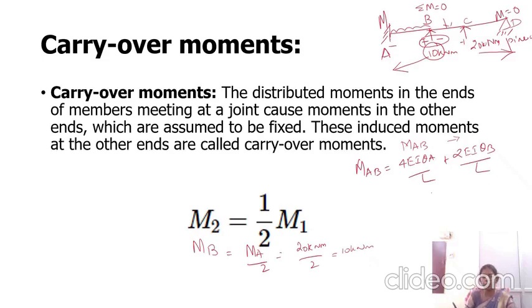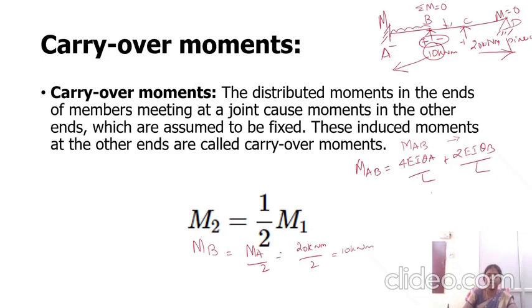You keep in mind that if the far end is fixed, you can carry half of the moment to the far end. If the far end is simply supported, you should not carry over the moment, because the moment is already 0 at the simply supported end. And also we can carry the moment to the intermediate support, because an intermediate support is also considered as fixed.